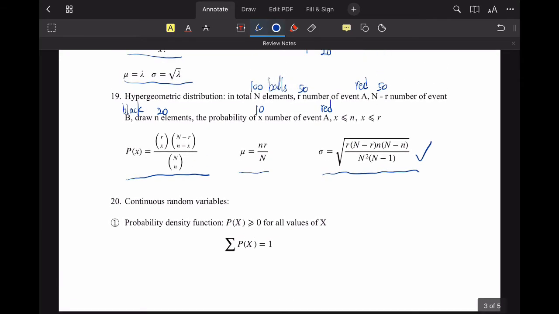If you see here the hypergeometric distribution, we have specific numbers, capital N, R, N minus R. But if we turn to continuous random variables, we don't have such a specific number of events. There are infinite numbers of events.